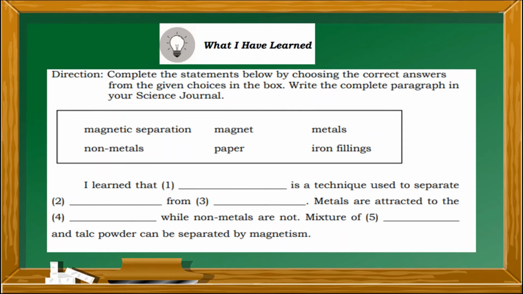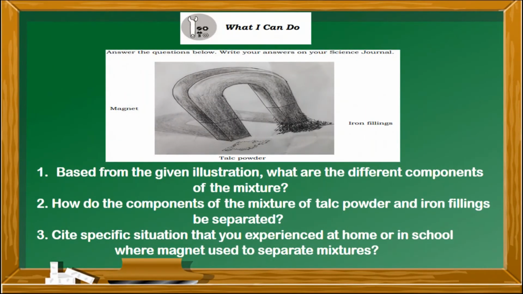Okay, I learned that magnetic separation is a technique used to separate the metals from non-metals. Metals are attracted to the magnet, while non-metals are not. Mixture of iron fillings and talc powder can be separated by magnetism.